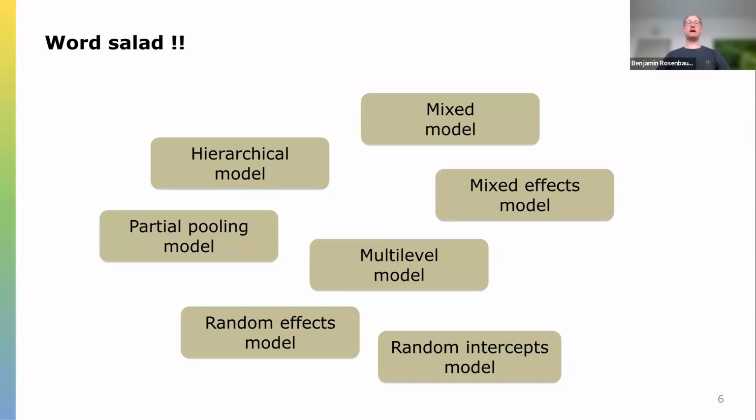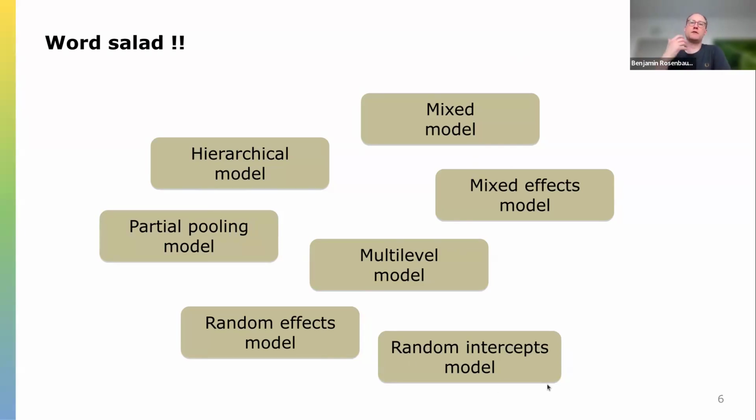There are many ways to describe this. In the literature, you find all of them. I guess there are even other descriptions I don't know, or I haven't included here. Almost all of them, I would say, are synonymous. So for me, mixed effect model or mixed model, hierarchical model, multi-level model, partial pooling model, they're all the same. The only one that sticks out here is the last one, the random intercepts model.